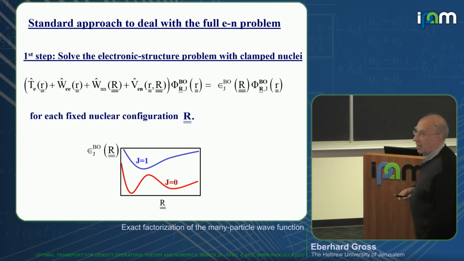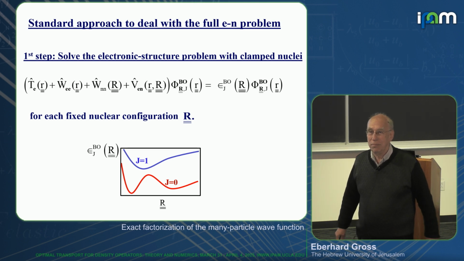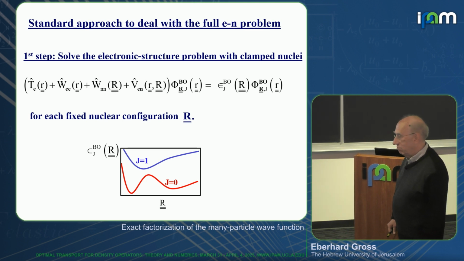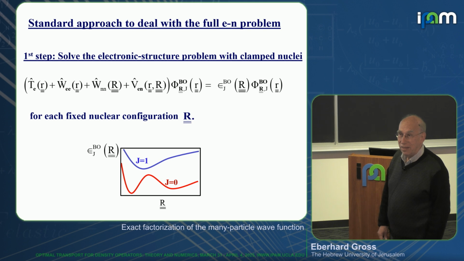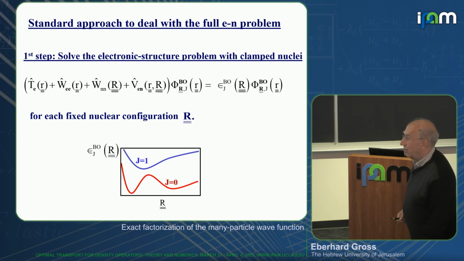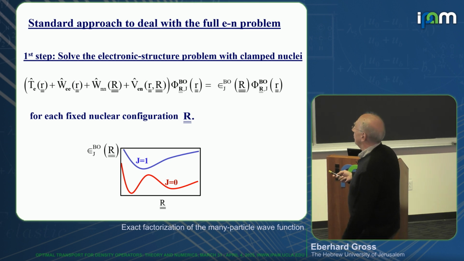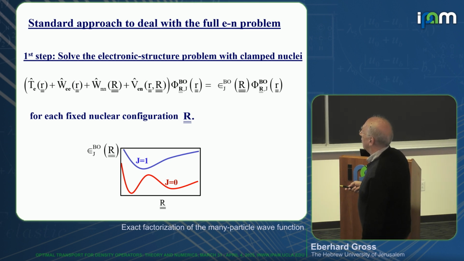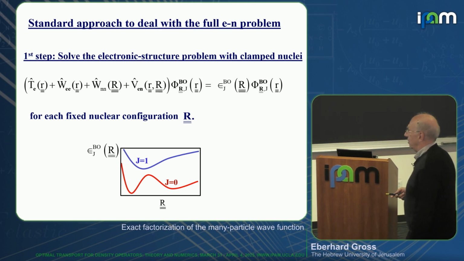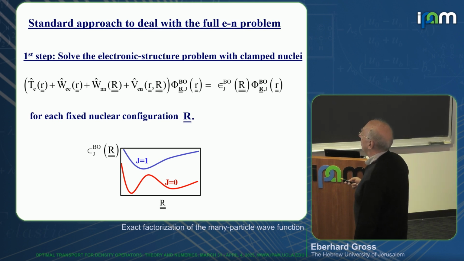So this is known as the electronic structure problem, which is a formidable problem in its own right, as we saw in the previous talk. So that's the electronic structure problem, and this is a cartoon of the so-called Born-Oppenheimer potential energy surfaces. So it's the eigenvalues of this Hamiltonian as a function of nuclear coordinates. It's a high-dimensional space in general, so this is just a cartoon.